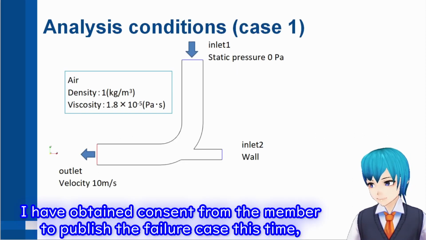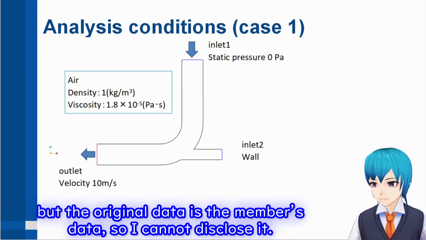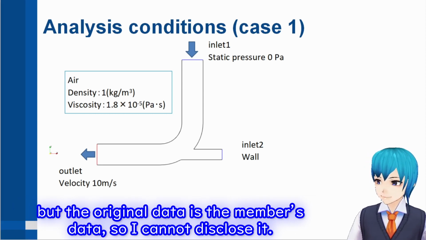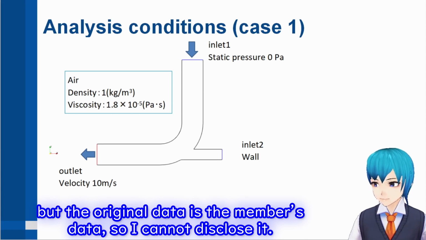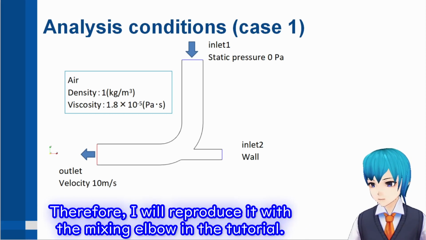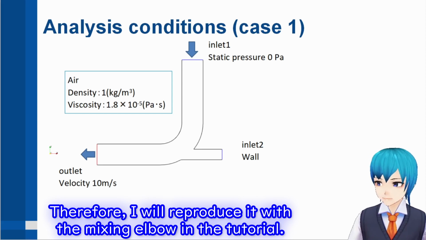I have obtained consent from the member to publish the failure case this time. But the original data is the member's data, so I cannot disclose it. Therefore, I will reproduce it with the mixing elbow in tutorial.